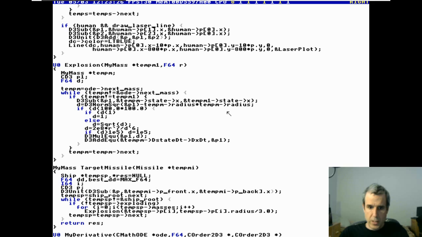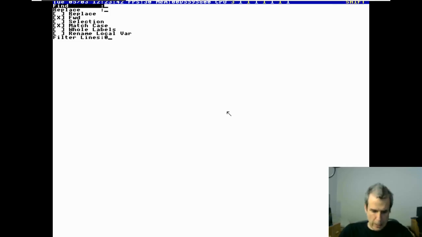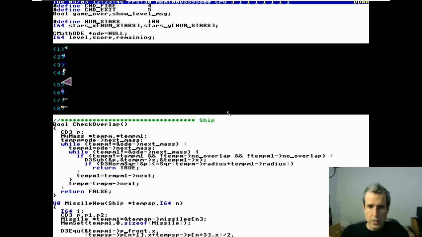Not exploding. Go through the masses. I think we want to see if it's active or something like that. Let's find overlap and see if it, I was checking if it was inactive. Okay, never mind.